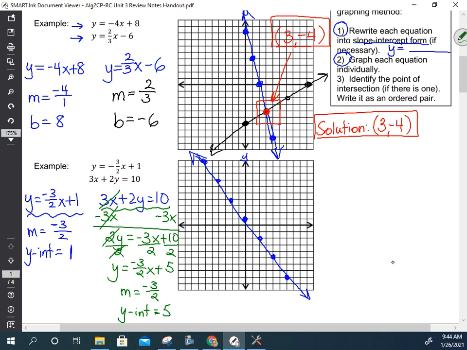So now we graph it, just like we did the other problem. Take the y-intercept, put it on the graph first. Your slope is negative 3 over 2. Go down 3, to the right 2.